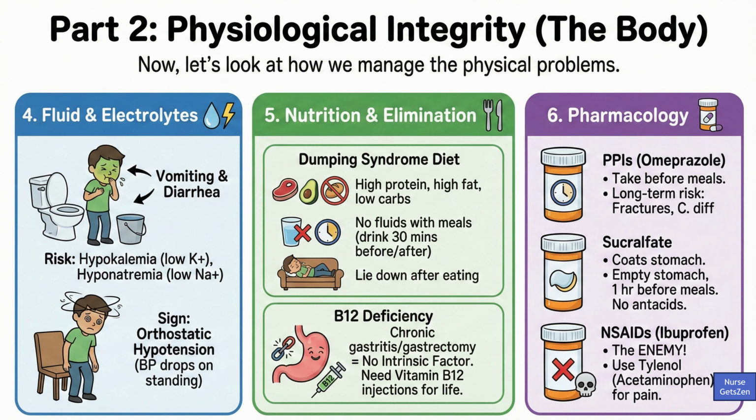For pharmacology, PPIs like omeprazole are taken before meals. Long-term use increases the risk of fracture, osteoporosis, and C. diff. Sucralfate coats the stomach. It needs to be given on an empty stomach, 1 hour before meals.